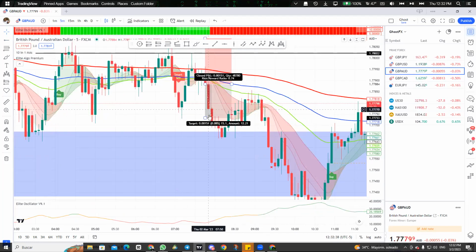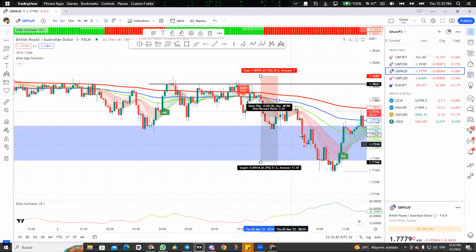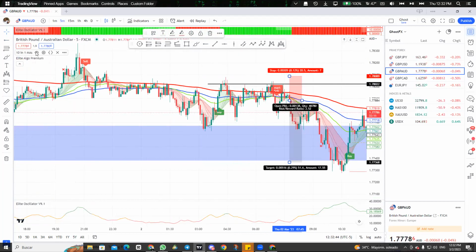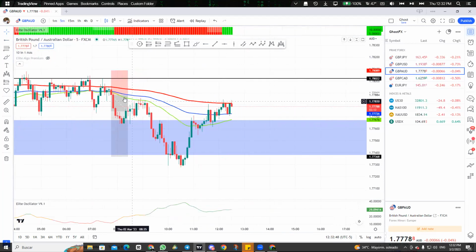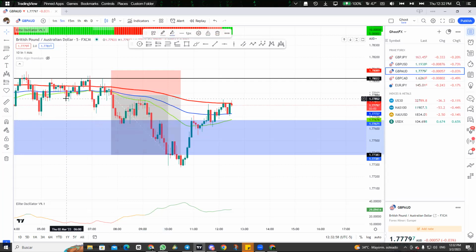I'm learning a little bit from you. But that was a good entry, no doubt. Really, really good entry. Here you could have taken 50 pips, no problem, because it's a down wave.